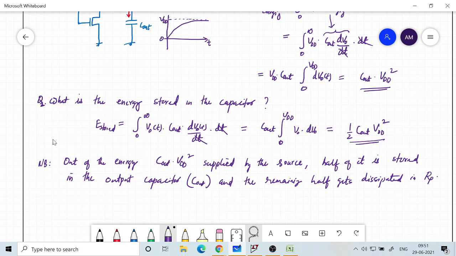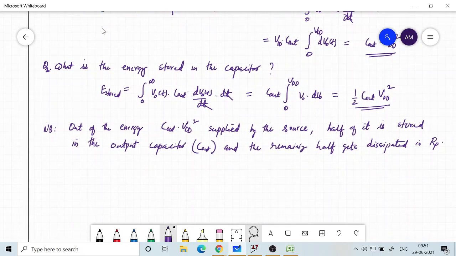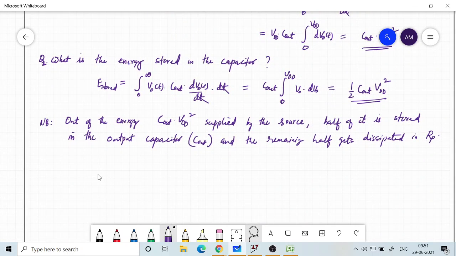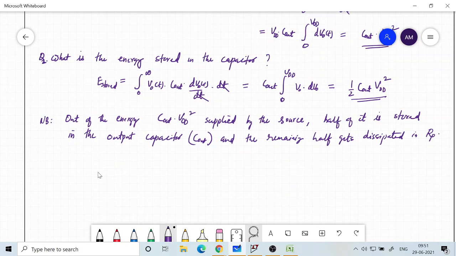I hope you understand what is RP. Yesterday we did a problem to find out RP, etc. So RP is the on resistance of the PMOS.